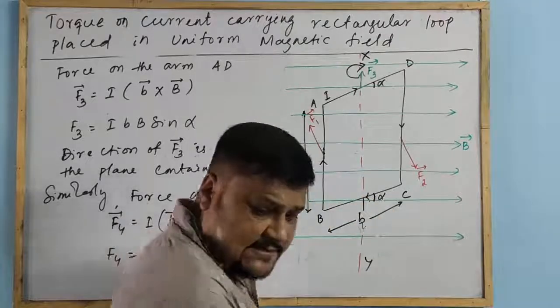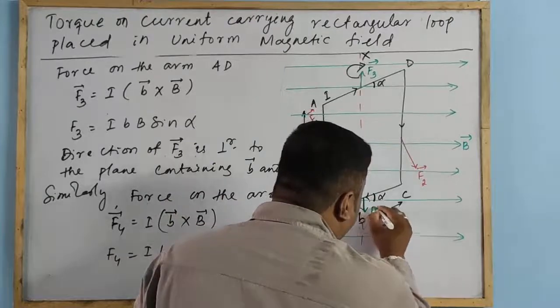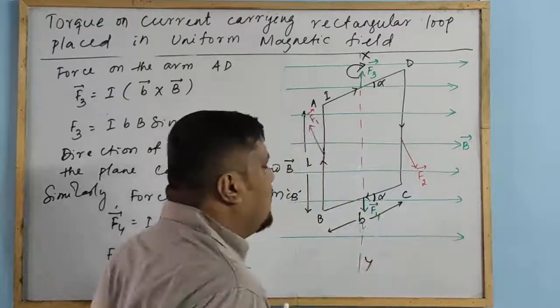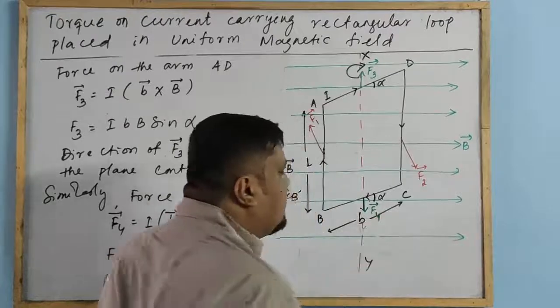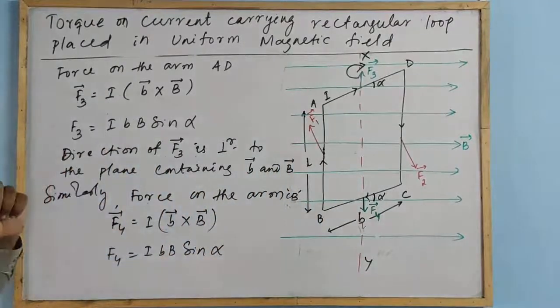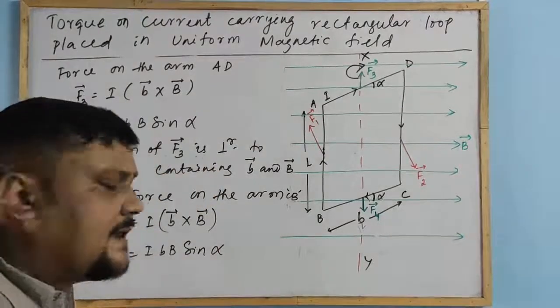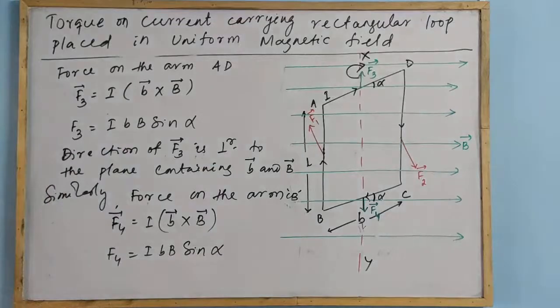So this is F3 and this is F4. The direction of F4 is perpendicular to the plane containing B and L.